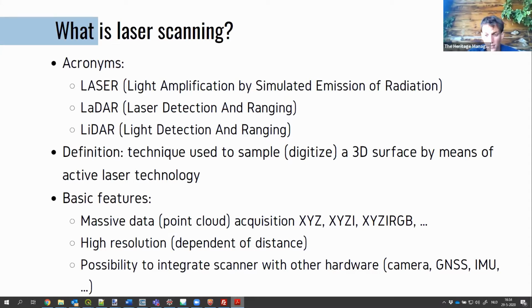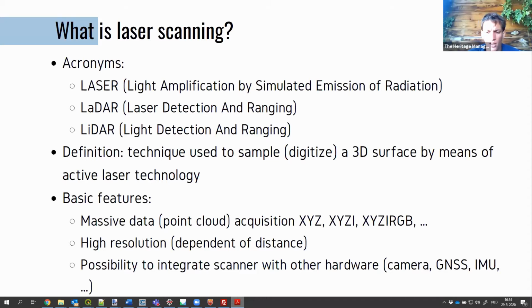Like I already said, if you have the possibility to integrate your laser scanner with additional hardware, like a camera, a GNSS or a motion sensor, an IMU, inertial measurement unit, you can use your scanner as a kinematic platform, a combination of the motion sensor and the GNSS, the global navigation satellite system.